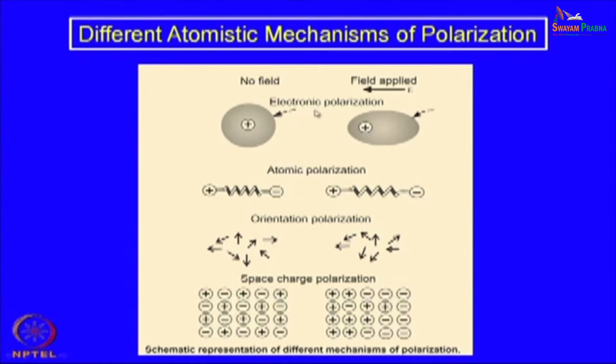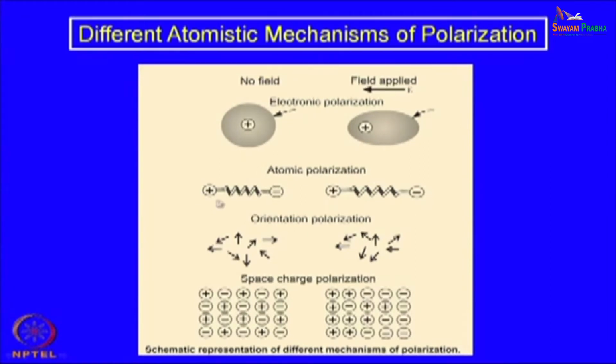So, just by applying an electric field, there is a redistribution of the charge, and therefore, you get a dipole moment, and the particular atom gets polarized. So, that is happening at the atomic level within each atom. Each of these atoms will have electronic polarization set in when an electric field is applied.